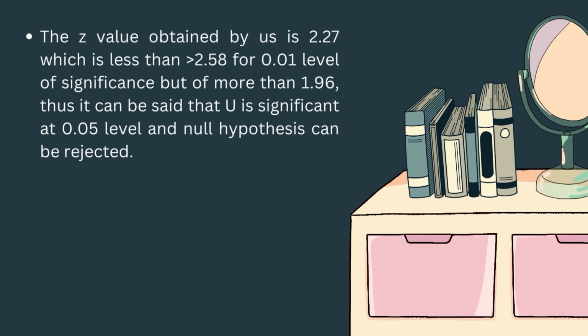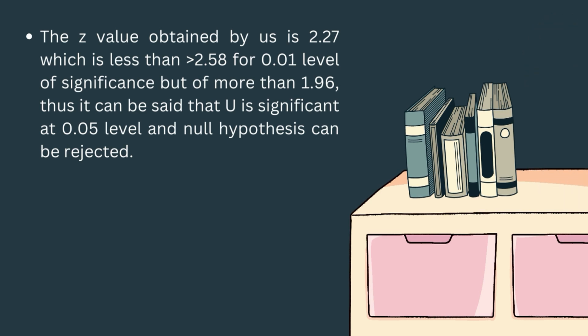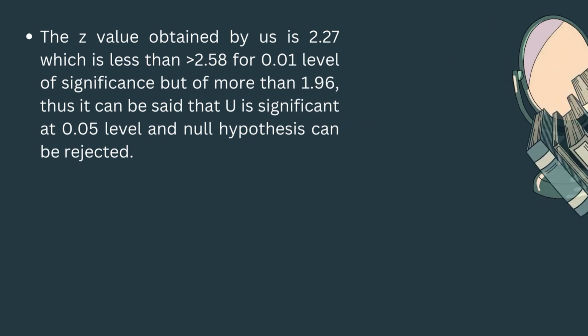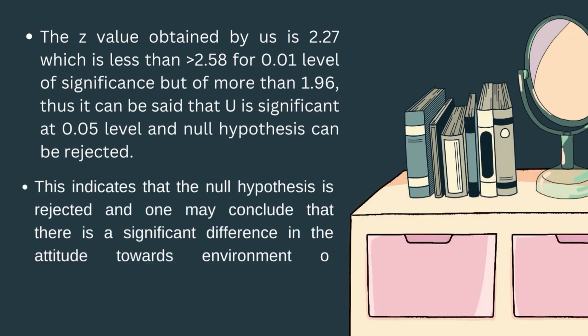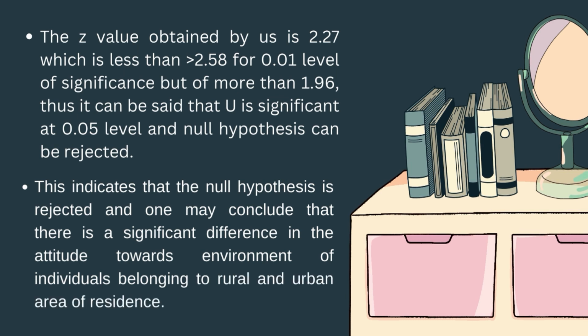Thus, it can be said that U is significant at 0.05 level and the null hypothesis can be rejected. One may conclude that there is a significant difference in the attitude towards environment of individuals belonging to rural and urban areas of residence.